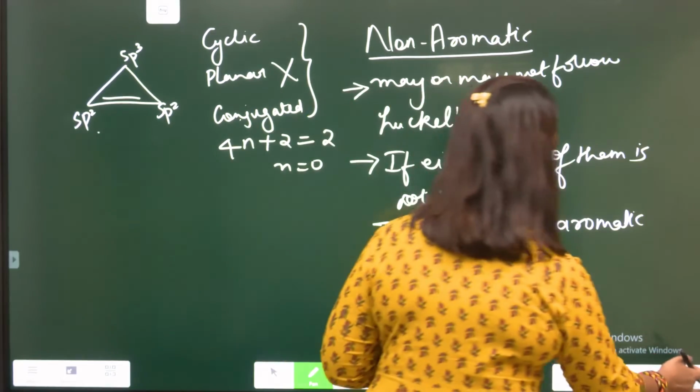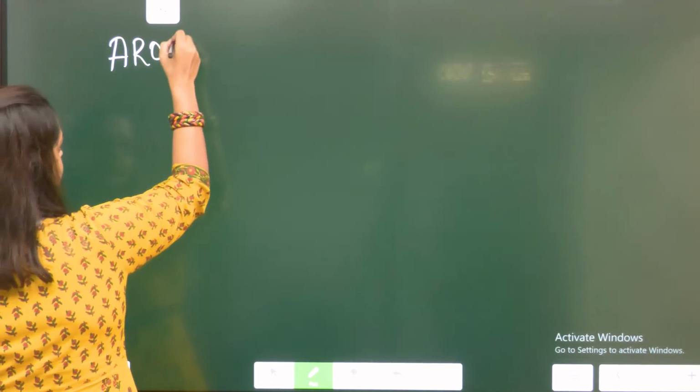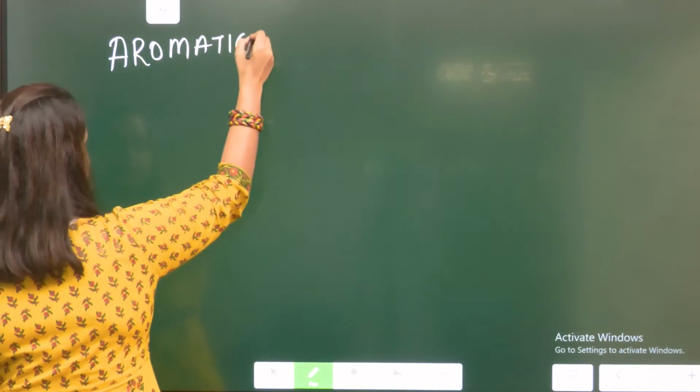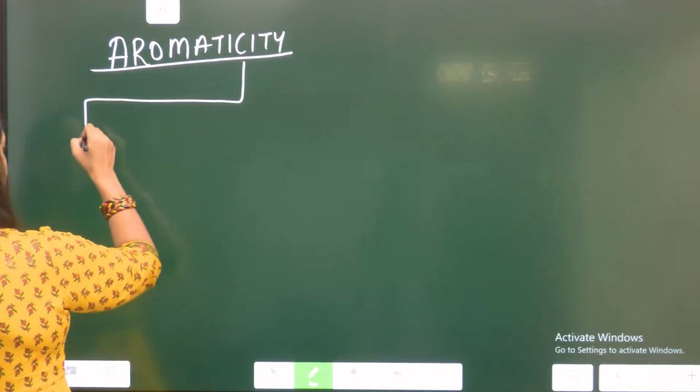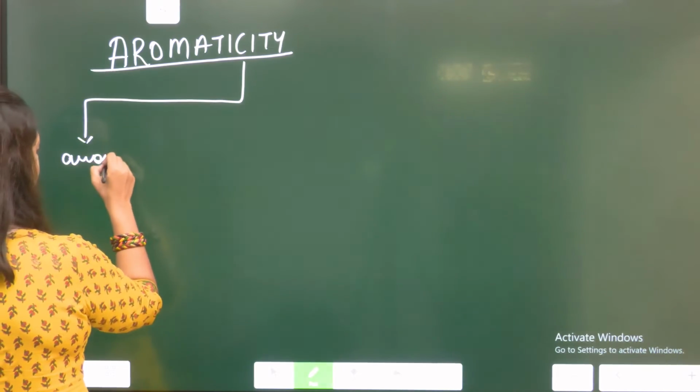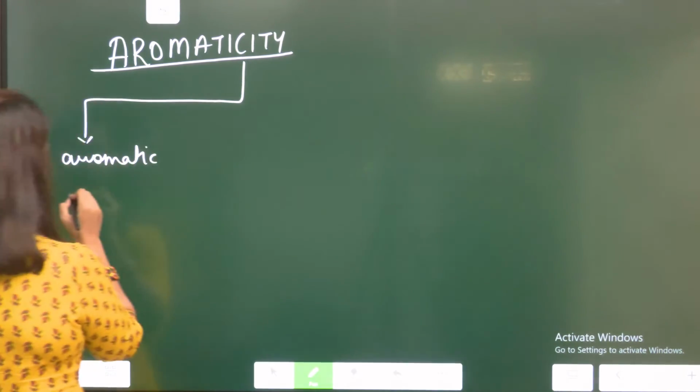So what exactly did I study over here? I studied the phenomenon of aromaticity. What does this aromaticity say? That the compound can be classified as aromatic if it is cyclic, if it has planar structure, if it has conjugated pi electrons, and it follows Huckel's rule.